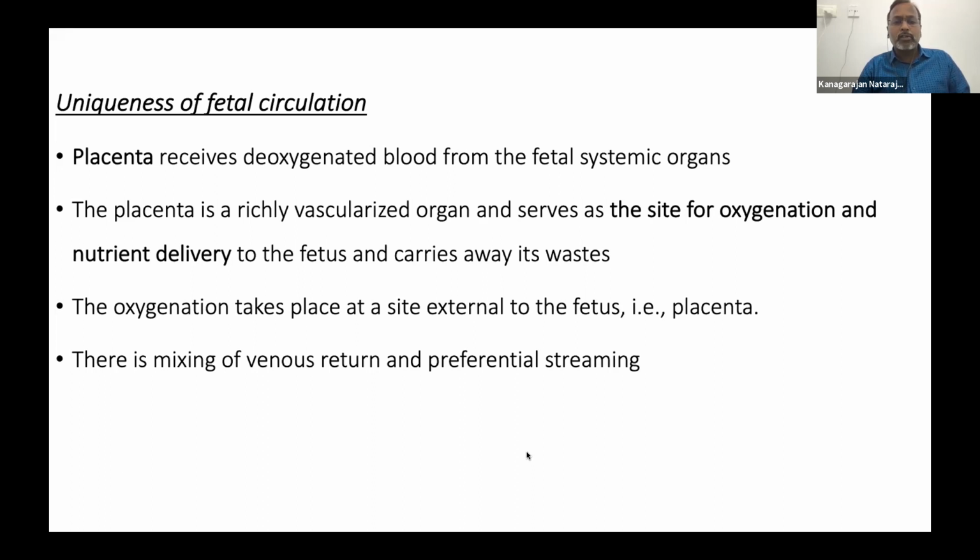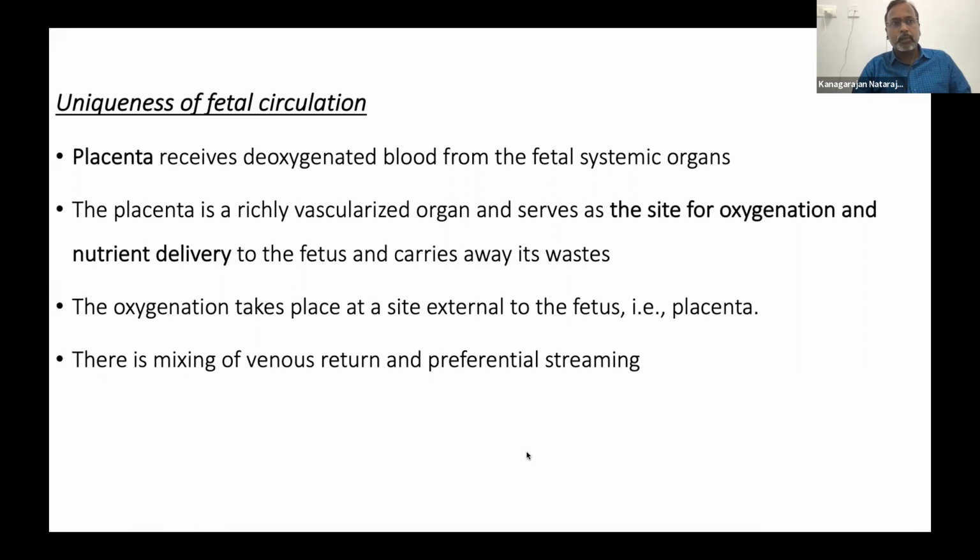The placenta is a richly vascularized organ, and it is the site for oxygenation as well as nutrient delivery to the fetus, and it also carries away its wastes. It is such a unique system that the oxygenation takes place external to the fetus. It's not happening inside the body of the fetus. It is happening outside the body.